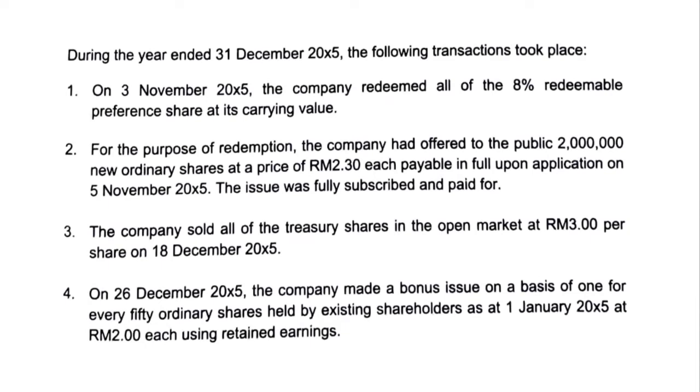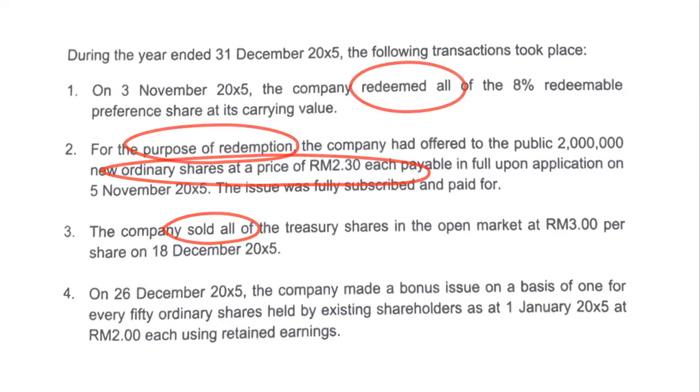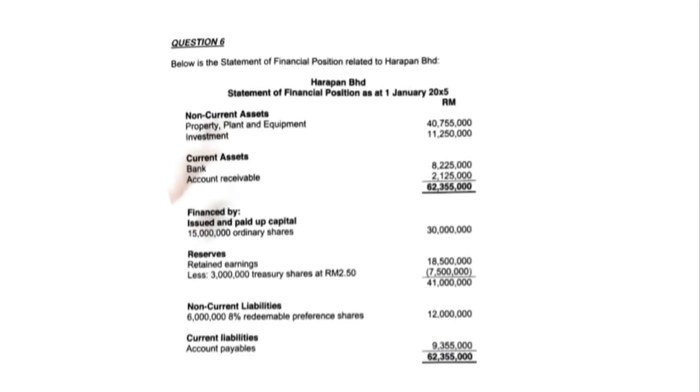Okay, during the year ended 31st December, following transaction took place. They want to redeem all. For the purpose of redemption, they issued ordinary shares at 2 ringgit 30 cent each, 2 million actually. And the company sold all of the treasury shares. Okay, this one shows that in the statement of financial position, treasury shares already exist.